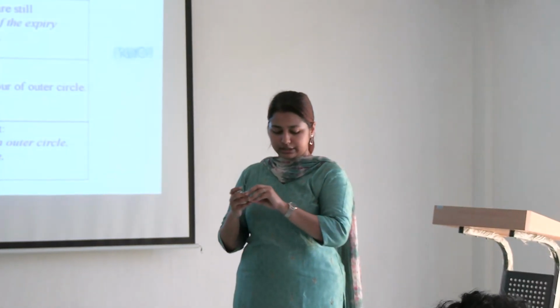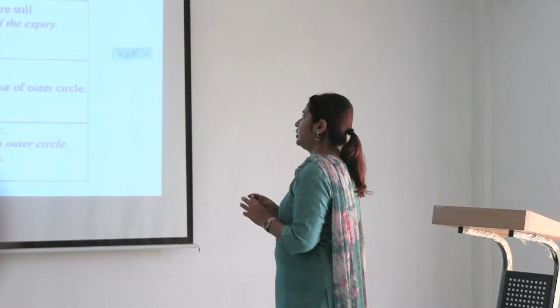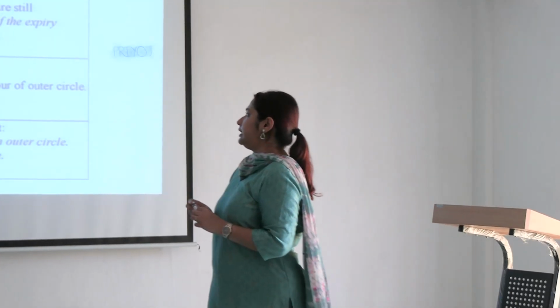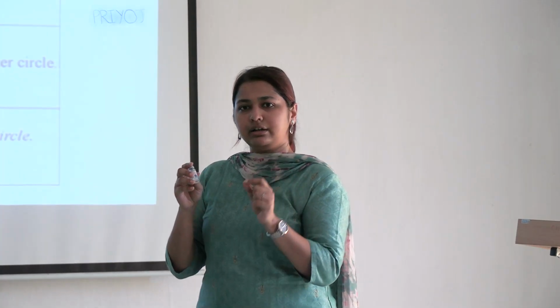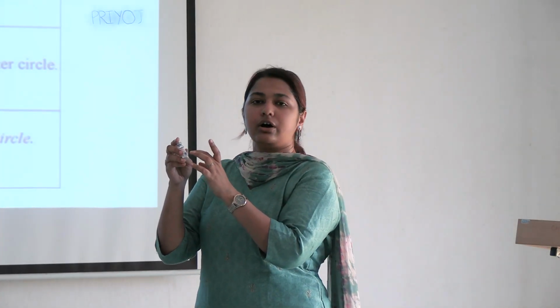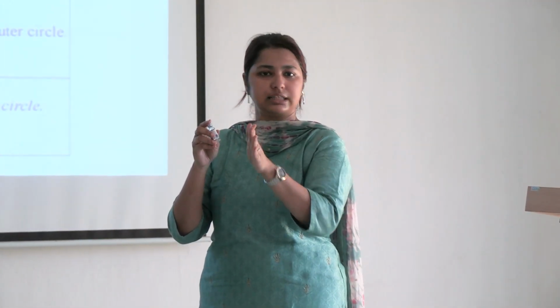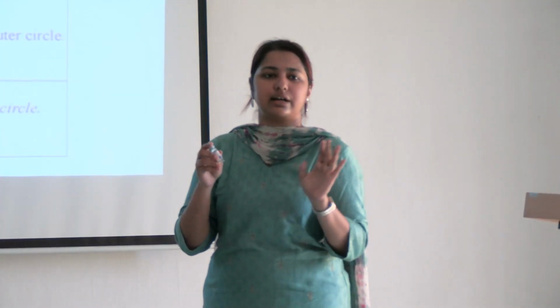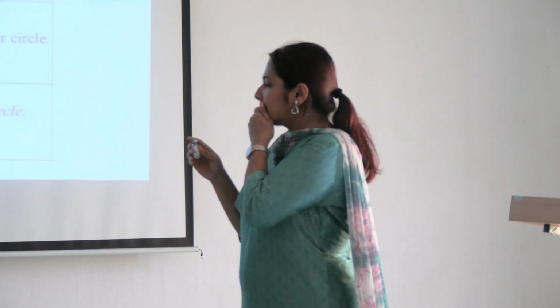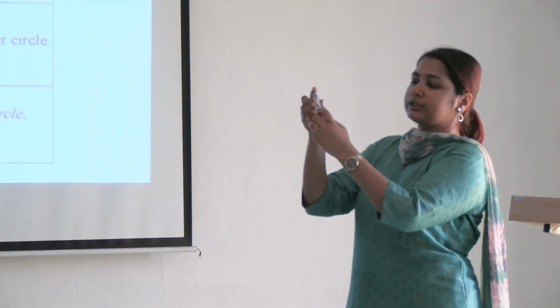If the expiry date has not passed, you can still use the vaccine. But when you see that the color of the outer circle and the inner square is similar or equal, then you stop. You cannot use the vaccine. This is when you should use and not use the vaccine, seeing the VVM.